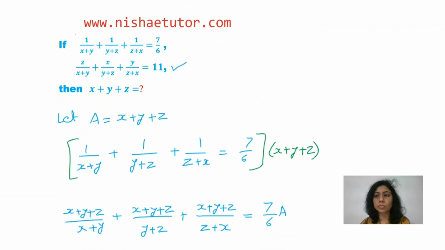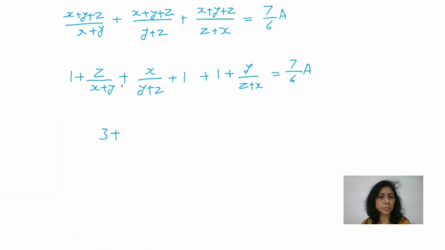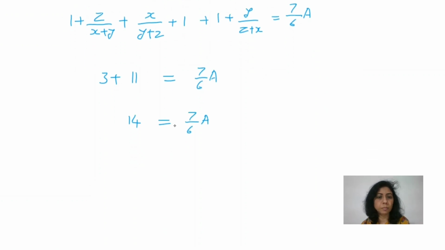So this value we can substitute here. This one is 11, equal to 7 upon 6 a. 3 plus 11 is 14, equal to 7 upon 6 a. Here 7 upon 6 is multiplied, so on the other side divide.